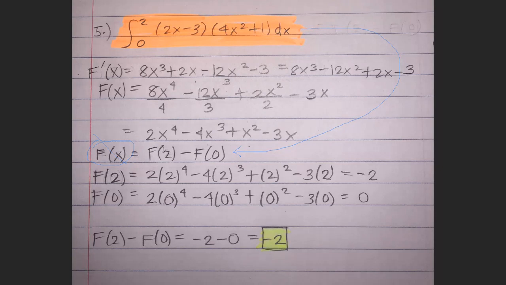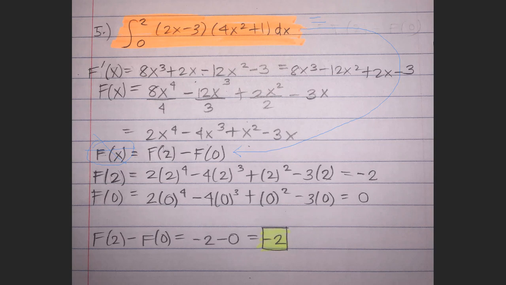So this equals this, you see. So don't write F of x equals this. That doesn't make sense, right? Okay, this is wrong.